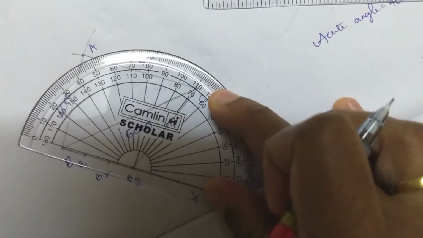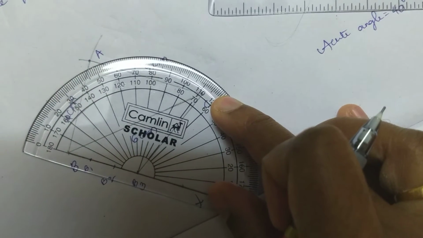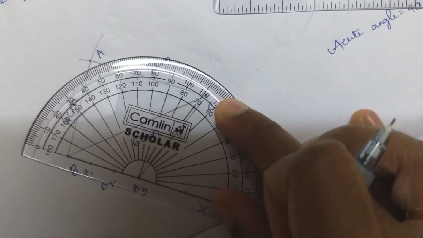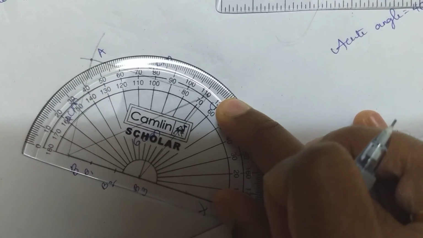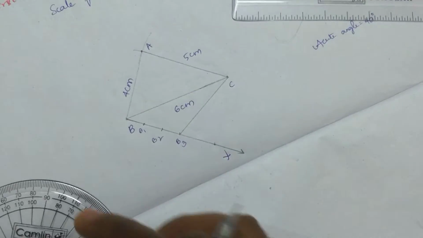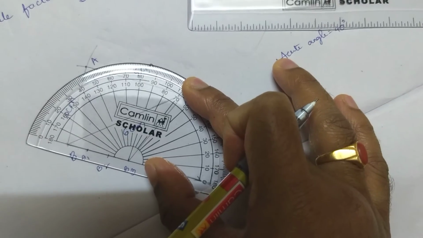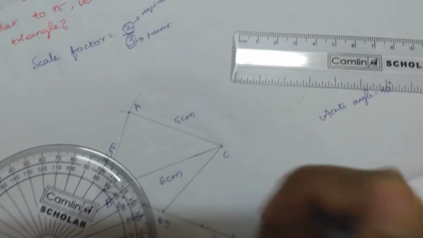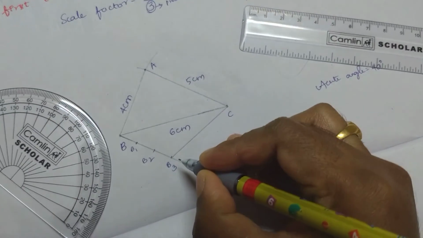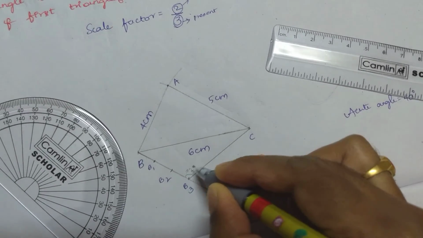So when you see, it's around 71 or 72. Let me take the perfect value by seeing it keenly. Yes, it is 72. So put the value here, it is 72 degrees.